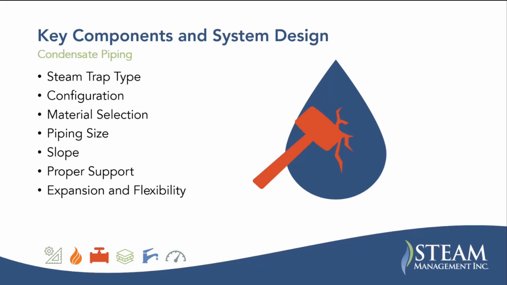So the steam trap type is a key component of the condensate piping design. Fast acting traps such as thermodynamic or inverted bucket traps will introduce flash steam into the collection system. They don't really allow for subcooling of the condensate before it's discharged. So as soon as it goes through that trap, that condensate is flashing, and you have to design the piping to accommodate the extra velocity there.